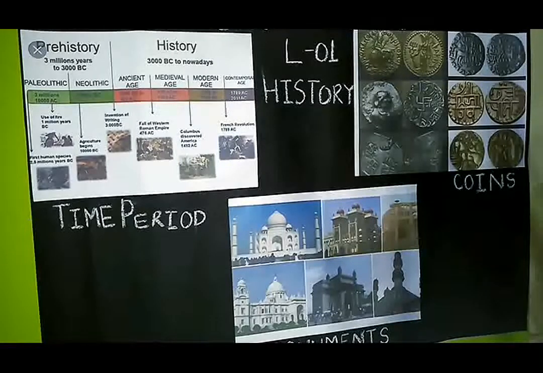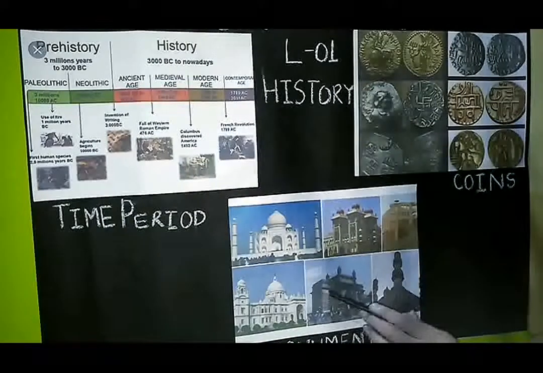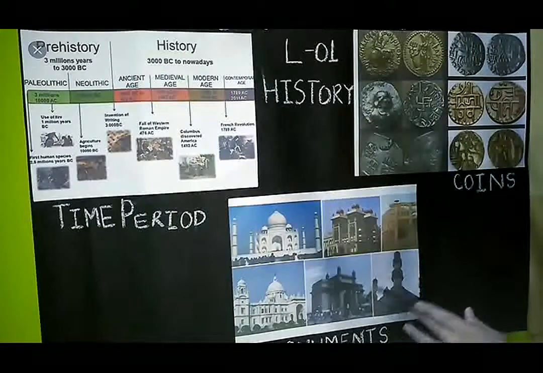Next one, inscription and edicts. Inscriptions are the written records that were engraved on the walls of the caves, temples and on rocks, pillars and clay or copper plates. Now next one is monuments. Monuments are the old buildings which have a historic importance.